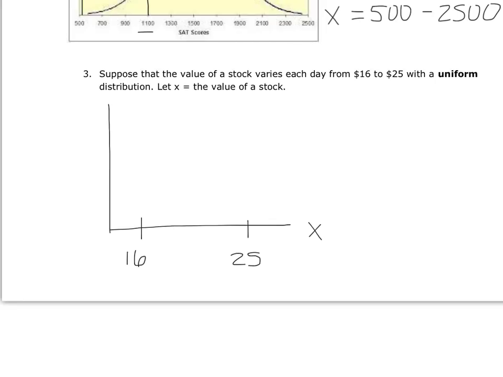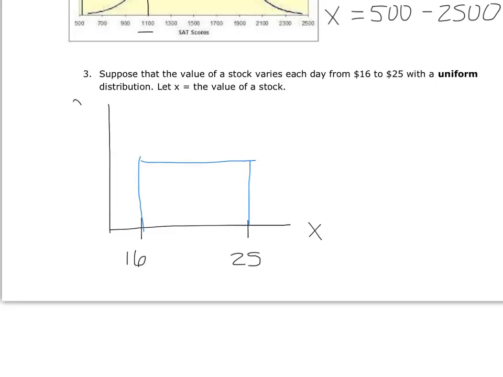The thing to know about a uniform distribution is that all values are equally likely outcomes. That's what uniform means. So from 16 to 25, the function is constant.